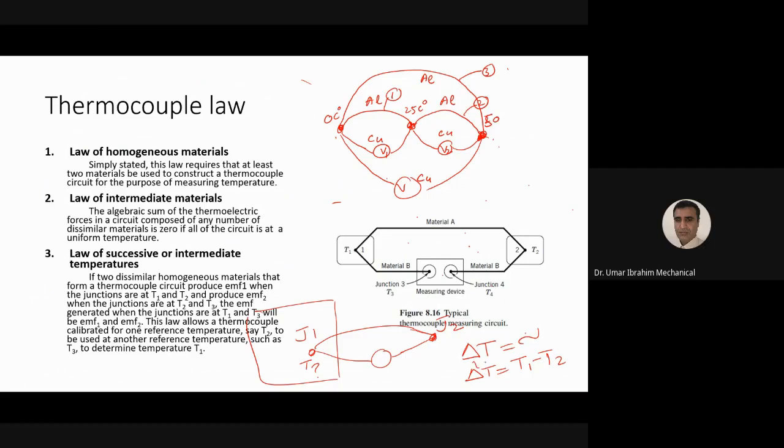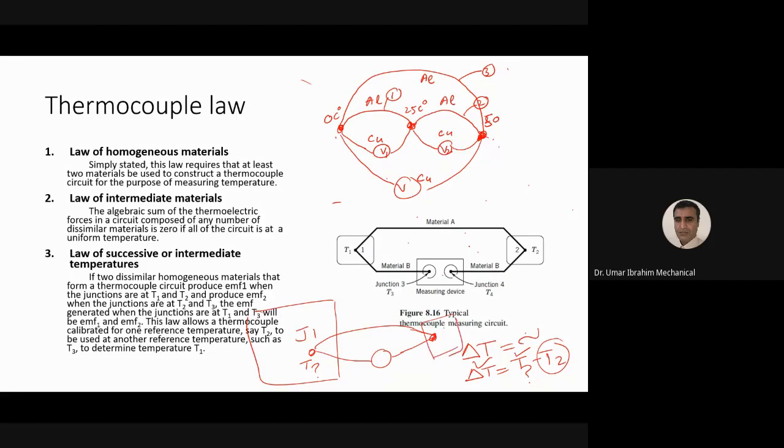Now, if I know the delta T value and I want to find out T, then I need to know the T2 value. For that reason, we always need to know the reference junction temperature.